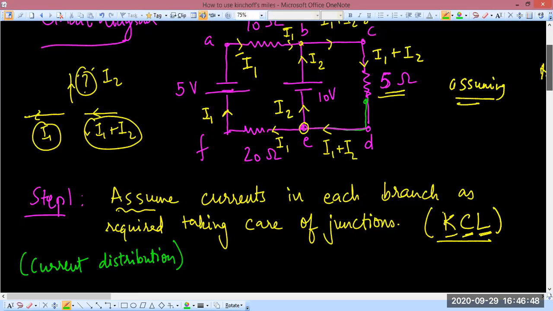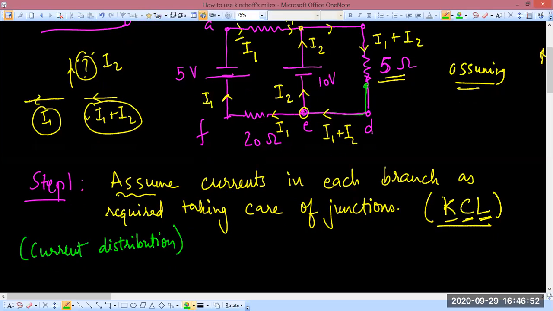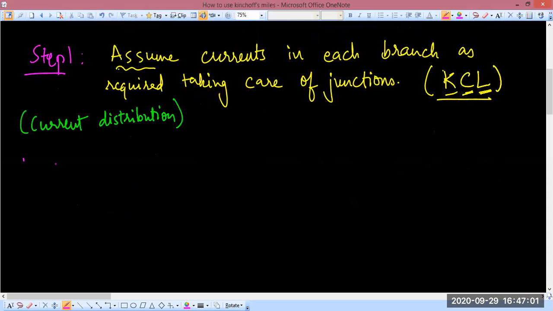Fine. So that's step one. Step one is very crucial. If you do step one wrong, you have no hope, right? You cannot do anything correct later on. Step two. You must get the step one right. So now in step two, what we'll do is we'll choose any loop.